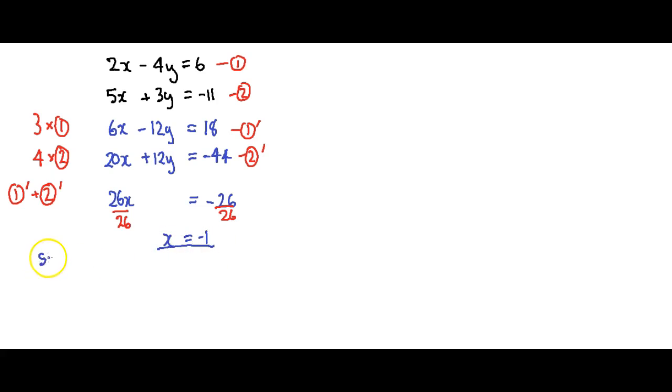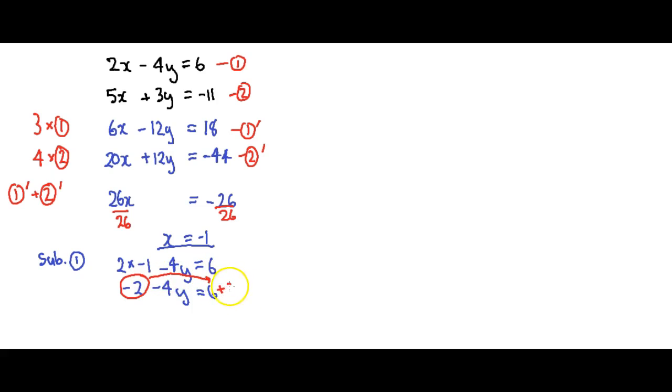Now, when I substitute here, I'm not going to substitute into my adjusted equations. They've got bigger numbers, so I'm just going to use the original. It all works, it's no problem. So 2x is 2 times negative 1 minus 4y equals 6. And I've got to do this multiply, so 2 times negative 1 is negative 2. Then I'm going to change the side of this negative 2 and change its sign.